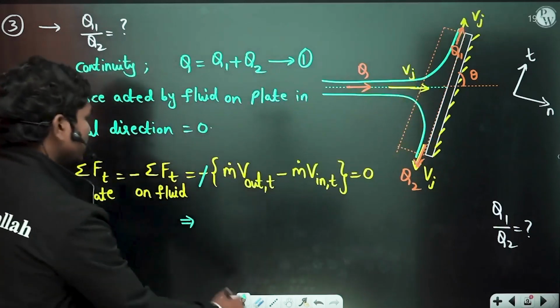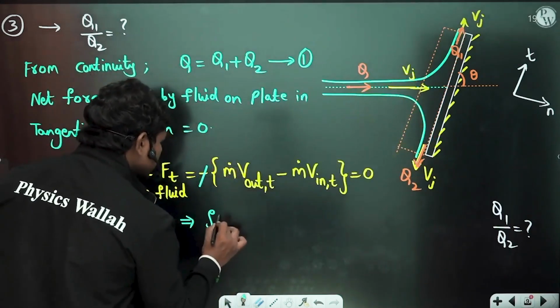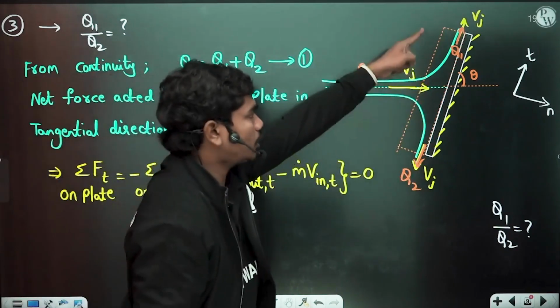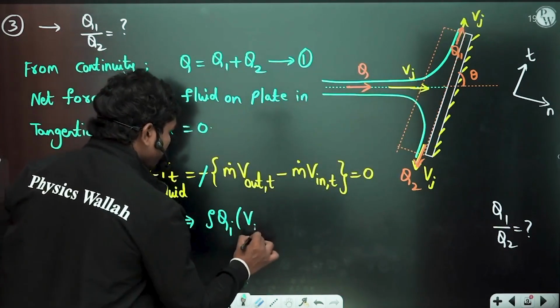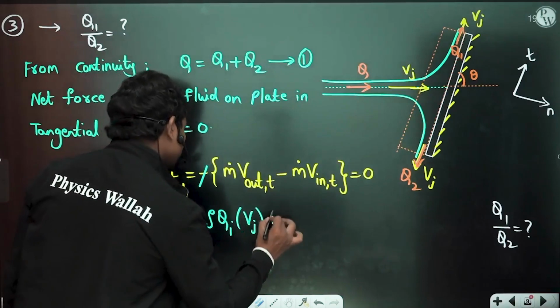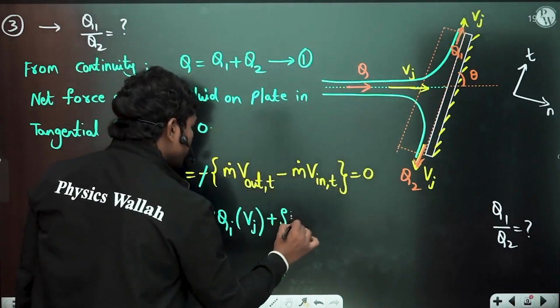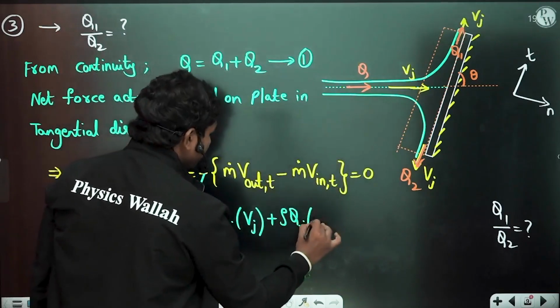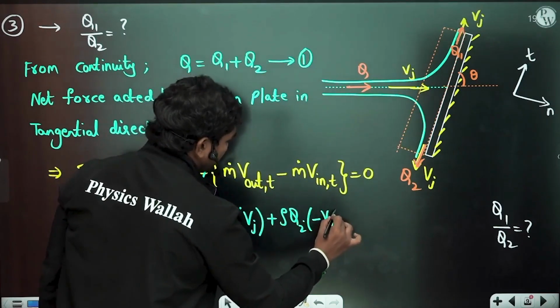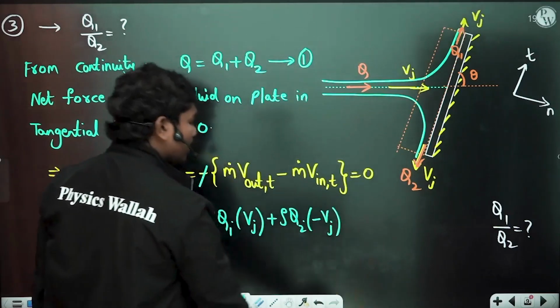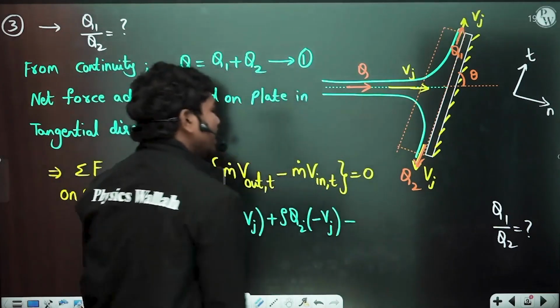So here at the outlet, rho times Q1 into this velocity in the positive direction, so vj, plus at the outlet some other part is traveling at minus vj, so rho Q2 times minus vj is what you have, minus at inlet.